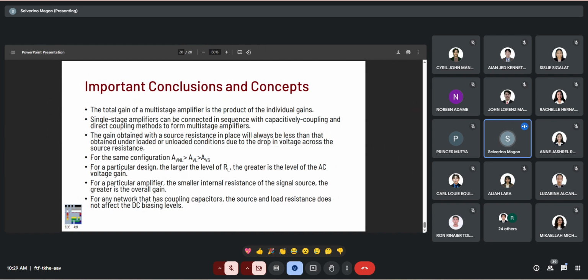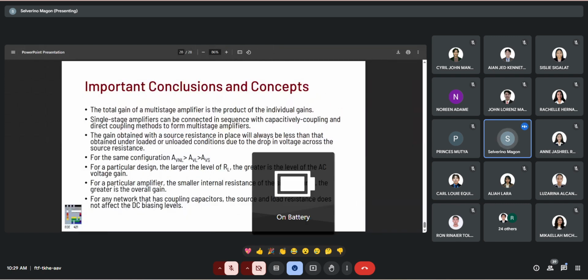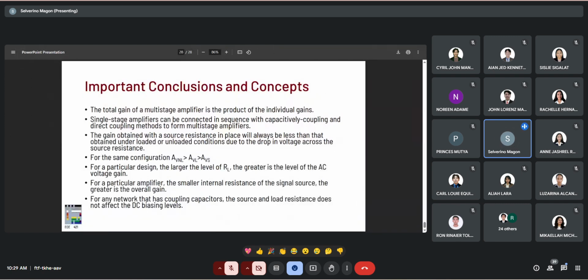For the same configuration, the no-load voltage gain is greater than the loaded voltage gain, which is even greater than the gain with the source effects. For a particular design, the larger the value of RL, the greater is the level of AC voltage gain. For a particular amplifier, the smaller the internal resistance of the signal source, the greater is the overall gain. For any network that has coupling capacitors, the source and load resistance do not affect the DC biasing levels.